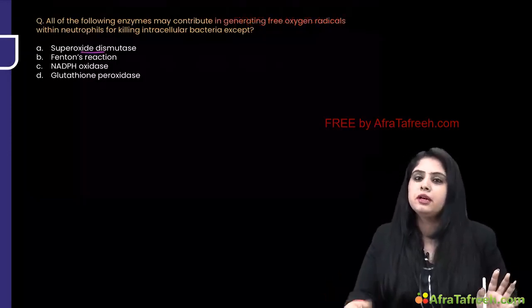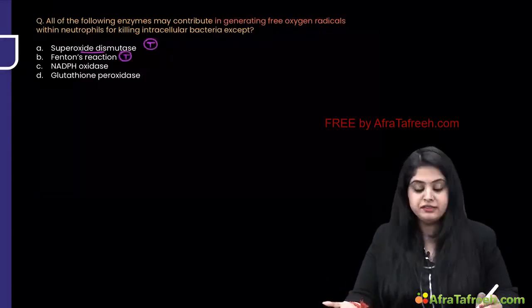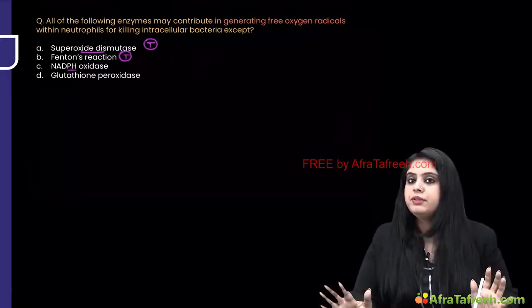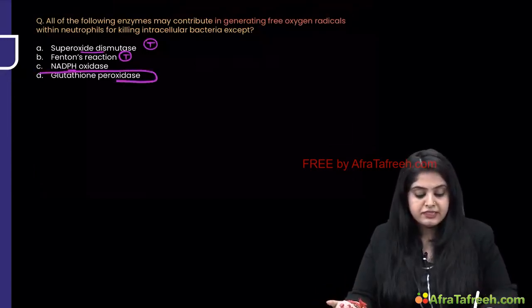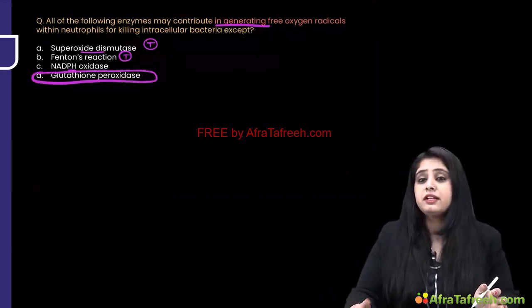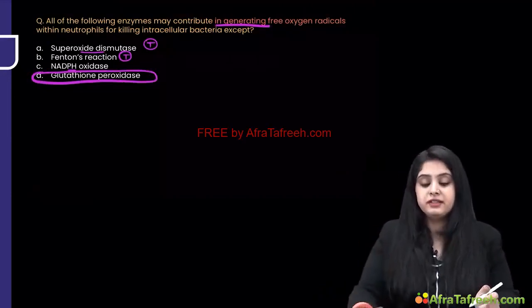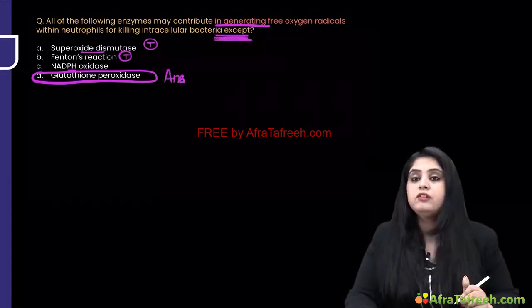You'll say, ma'am, that was a hypocrite. Make, break, both. So, correct. Does Fenton's reaction make? Yes. NADPH oxidase, I have not studied yet, I don't know. Glutathione peroxidase, does that make new radicals? Does that generate new radicals, or is it a very, very good boy and it breaks the radicals? Yes, that breaks. So, which of them is not involved in generating?